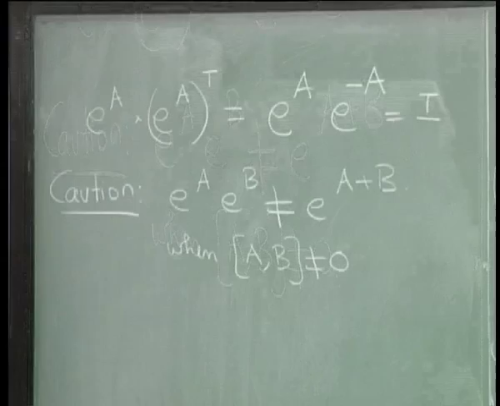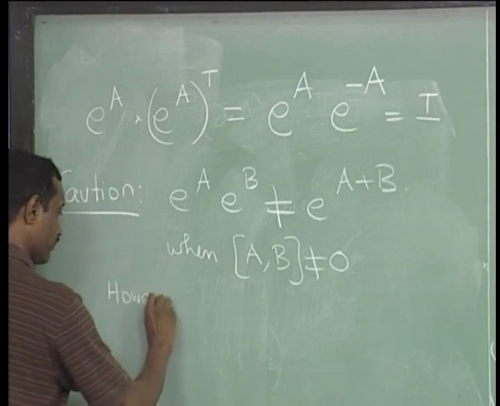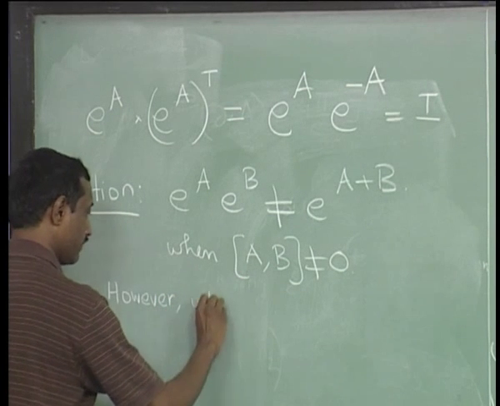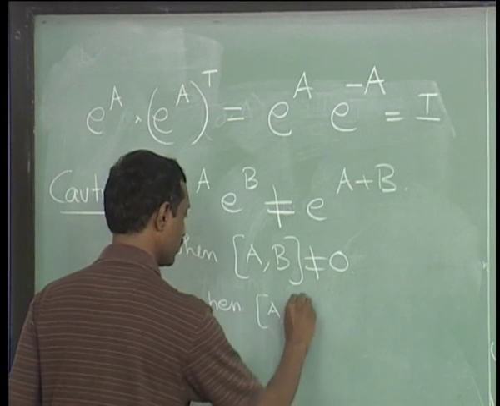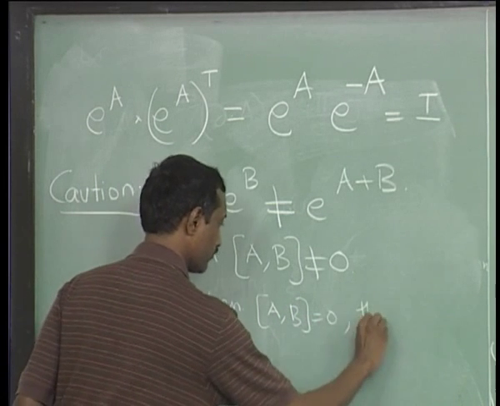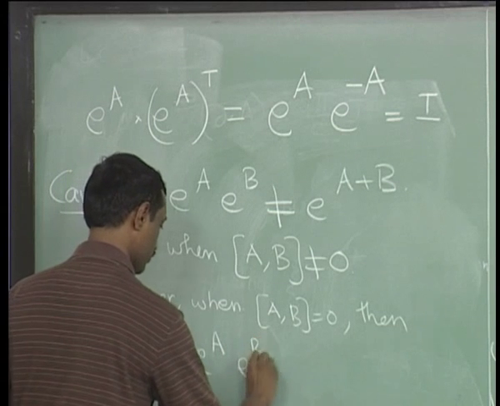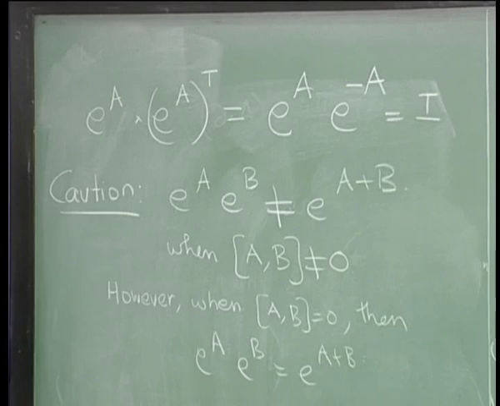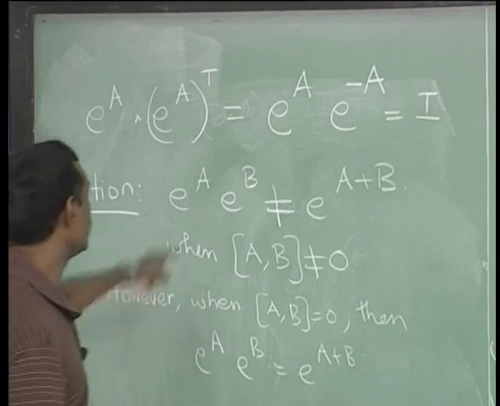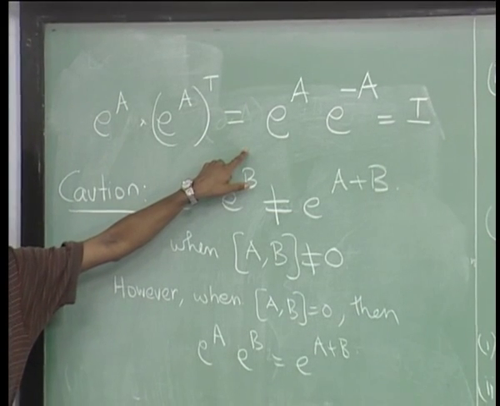However, any matrix commutes with itself. And when the commutator of A and B is equal to 0, then you can show the formula holds. So, in this instance, I can use that formula.